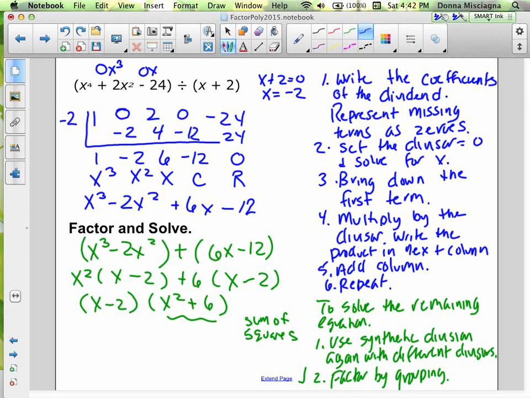We have x equals negative 2, because that's what we divided by. So x plus 2 would be the factor, and then the solution, of course, would be negative 2. And then by factoring, we got a second factor, x minus 2. When we set that equal to 0 and solve, we have our second solution. So we have negative 2 and positive 2. And now we're going to use square roots to get the third.